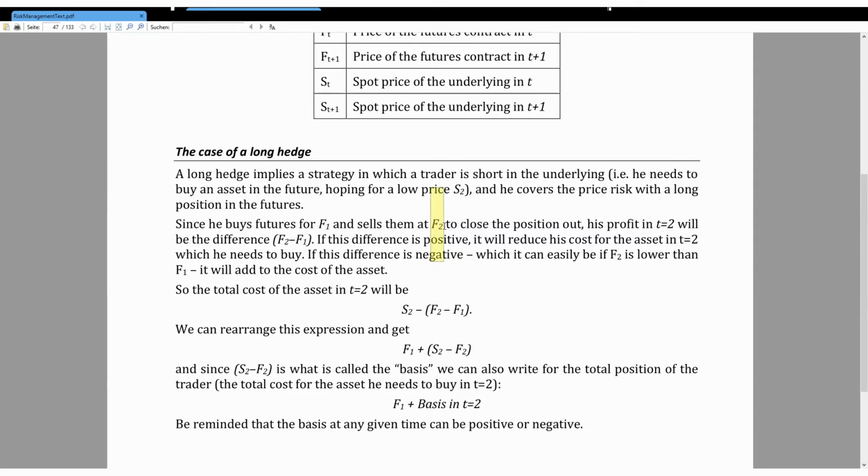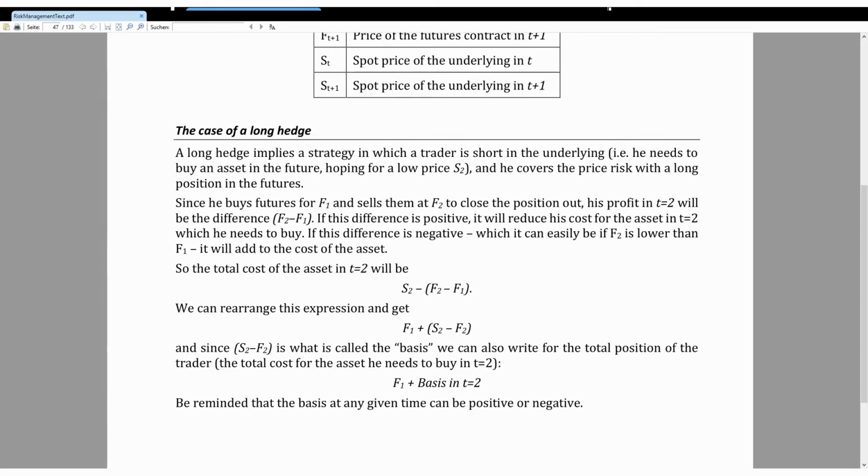So his profit will be F2 minus F1. If F2 is greater than F1, it is a gain for him, and lowers his overall cost for buying the underlying. If F2 is lower than F1, it's a loss for him, and this will increase his overall cost for buying the underlying.